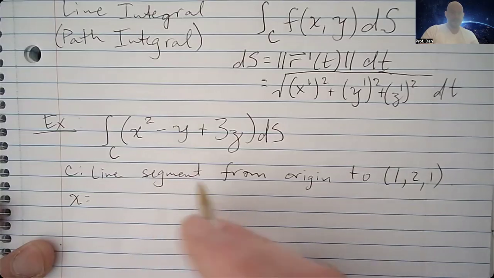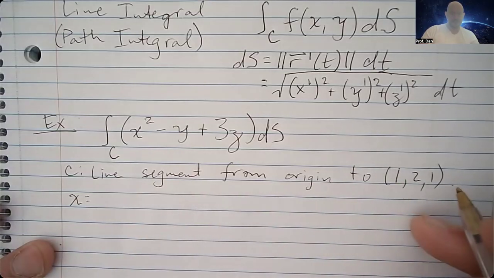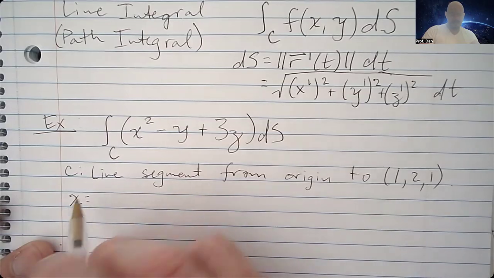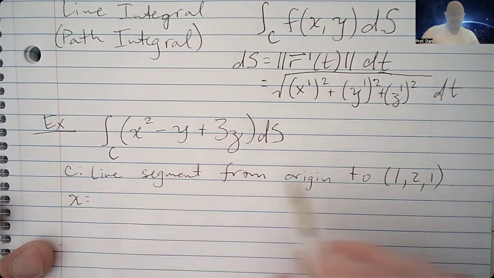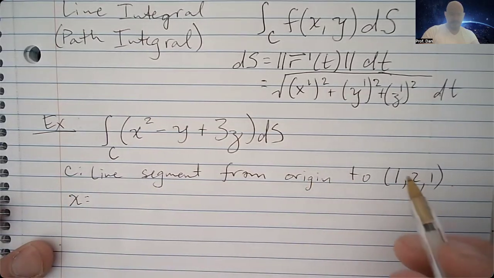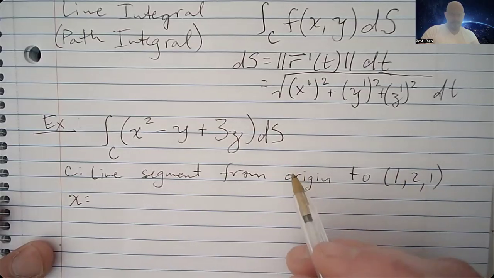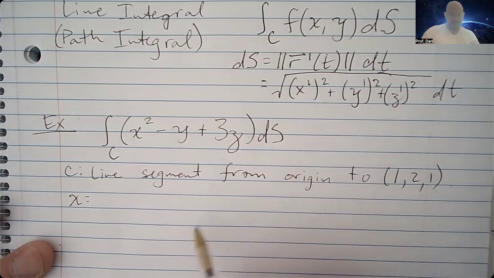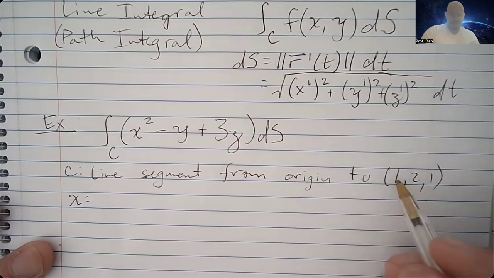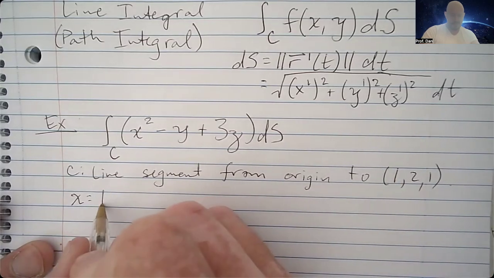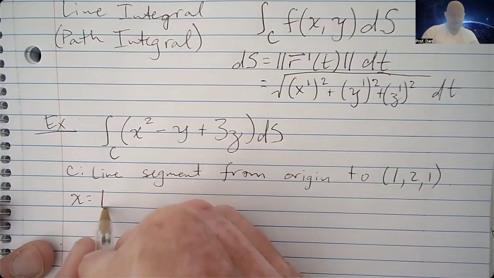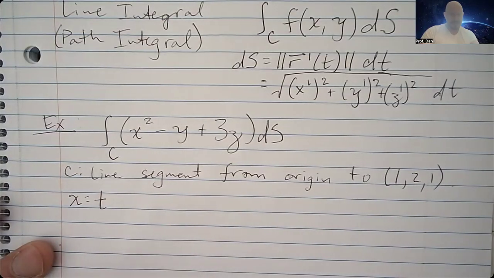Since we're doing a line segment from the origin to each of these points, we can write using our starting value plus change t. So for x, the x coordinate starts at 0 because the origin, and ends at 1, so that's a change of 1. So 0 plus 1t, we get x is equal to t.